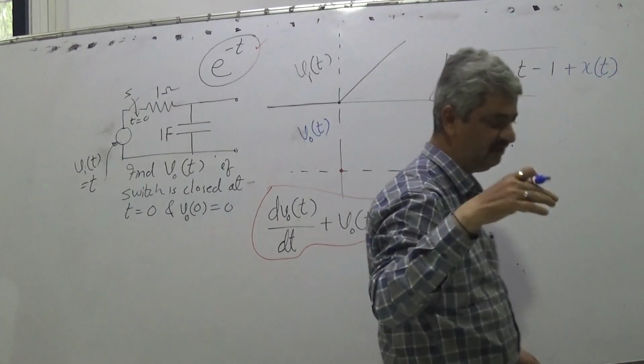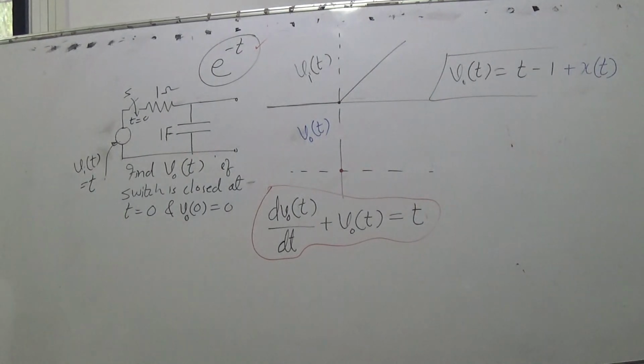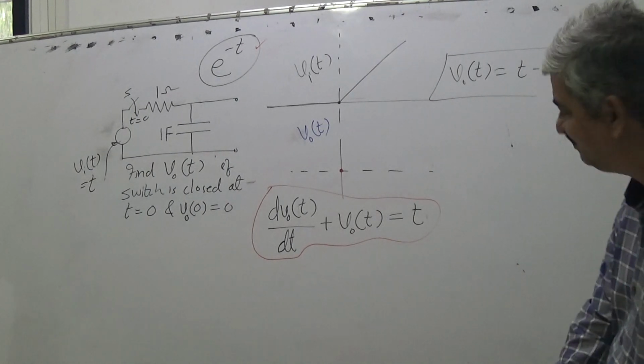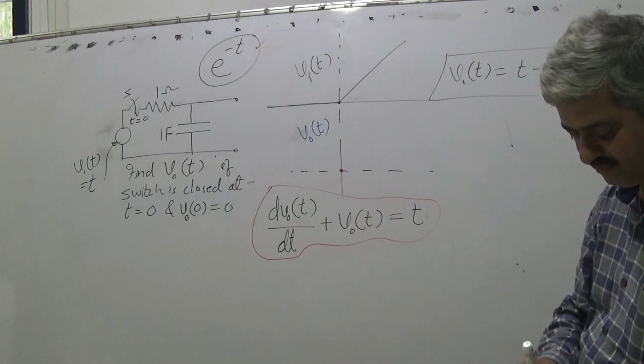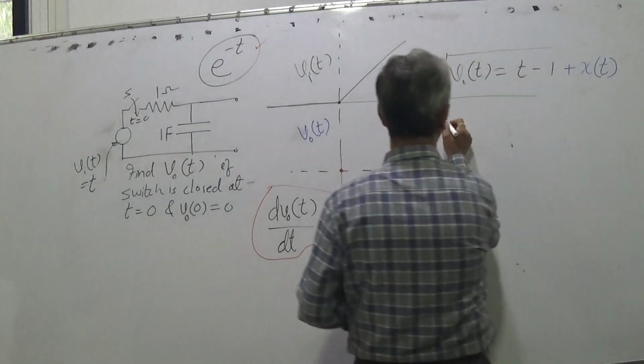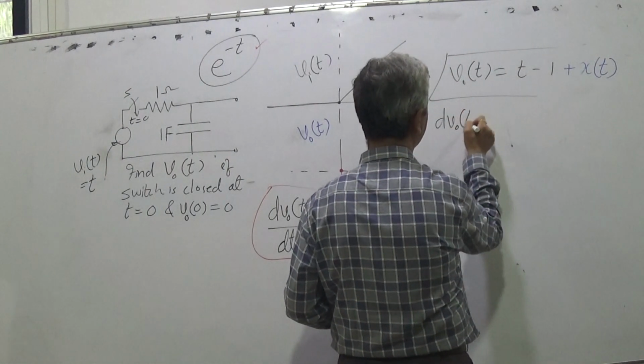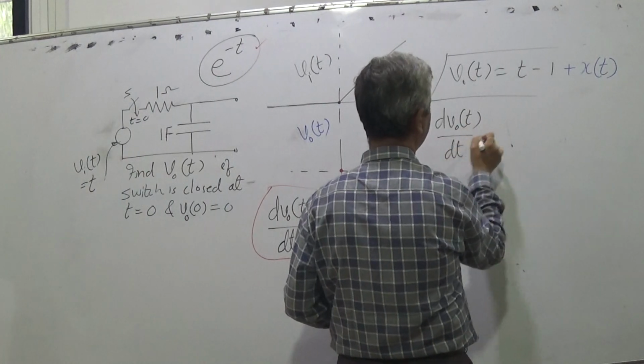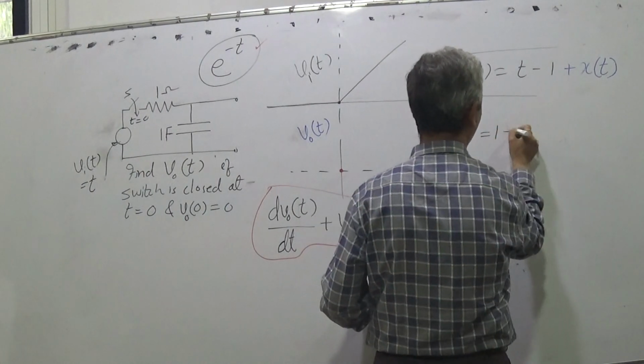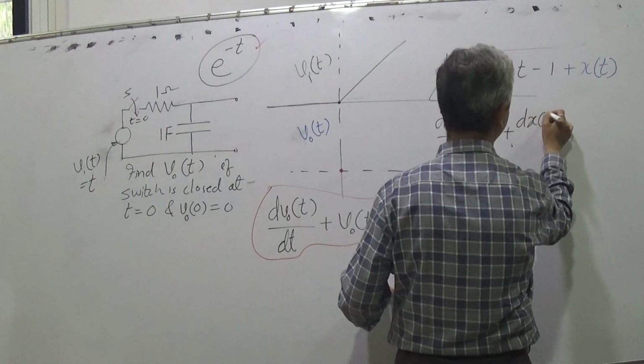So this in standard terms it is called as auxiliary equation and so on. Plus something. So what is dVOT by dt? Its derivative dVOT by dt is 1 plus the 0 plus dxt by dt.